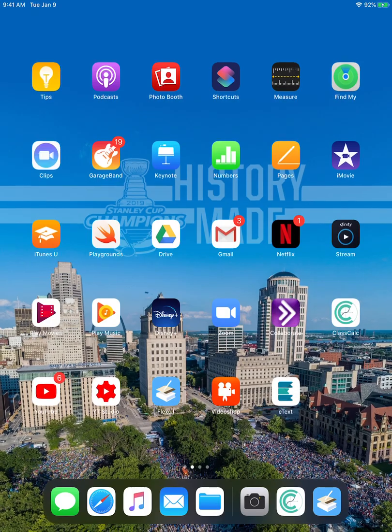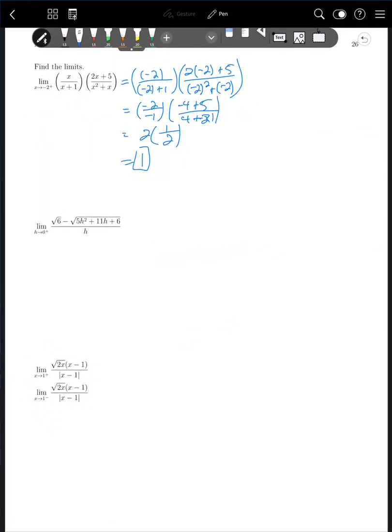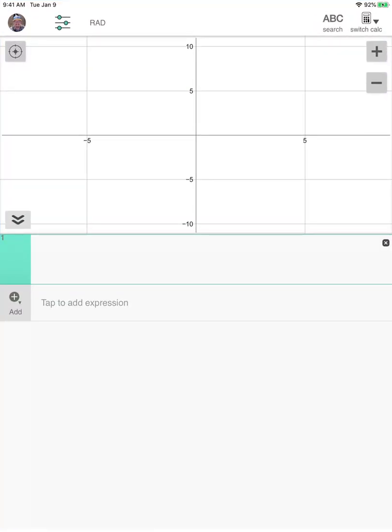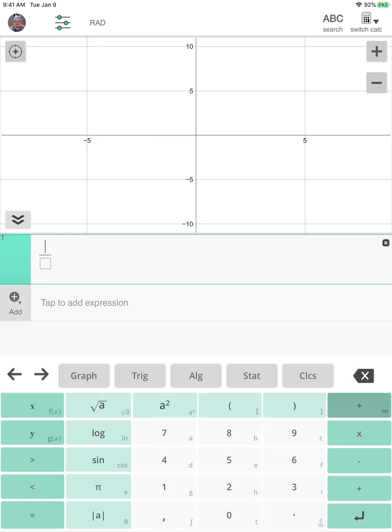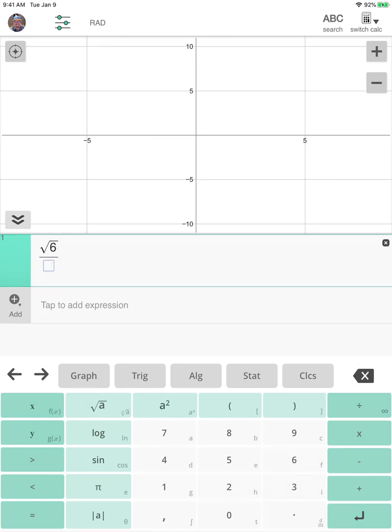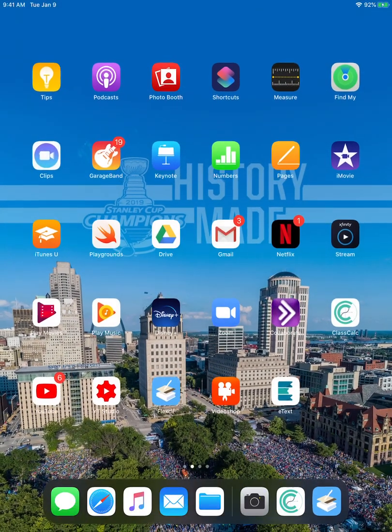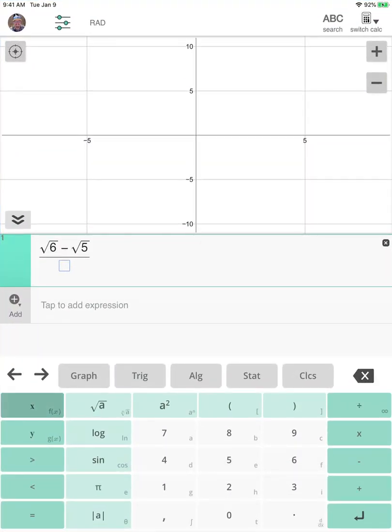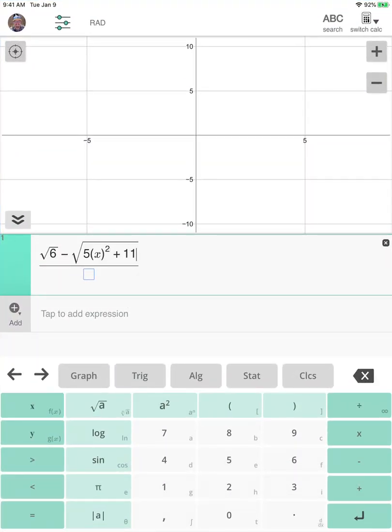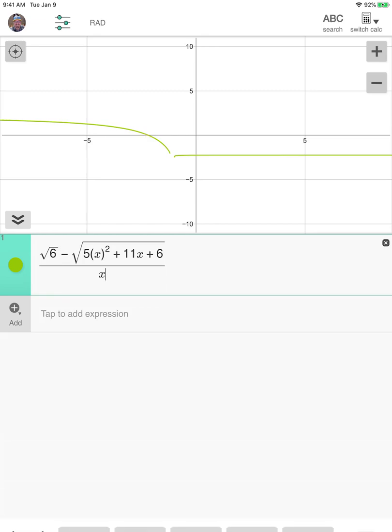So that one was the square root of 6 minus the square root of 5x squared plus 11x plus 6, all over x. Okay. And what we're looking for here is the limit as we approach 0.